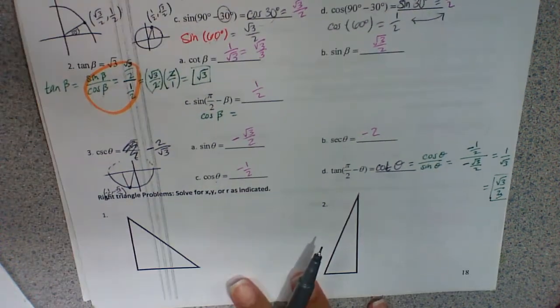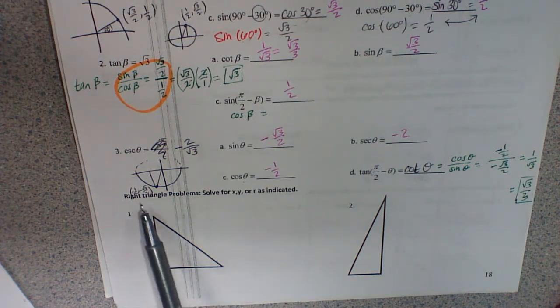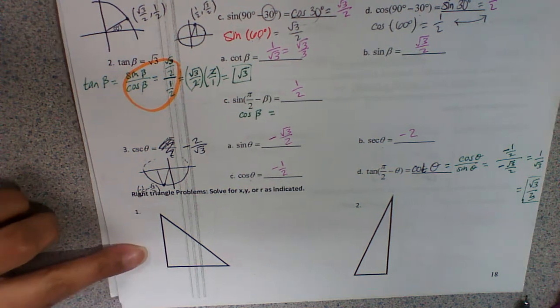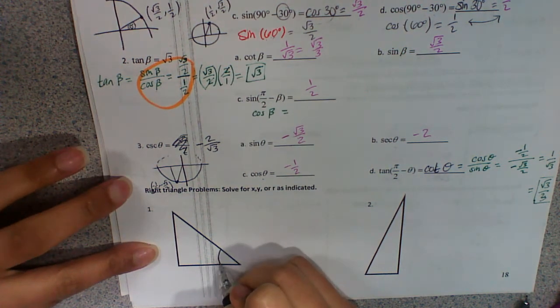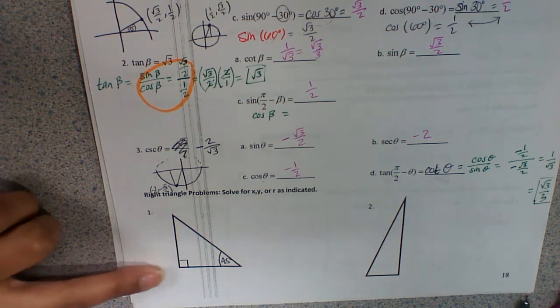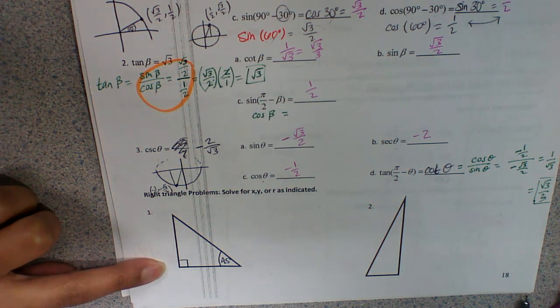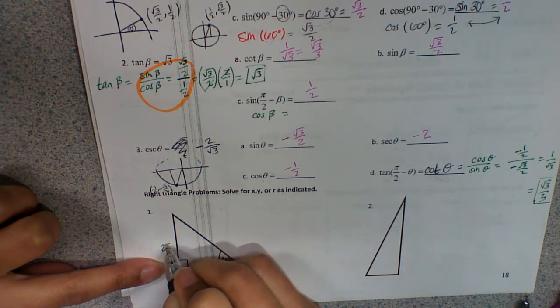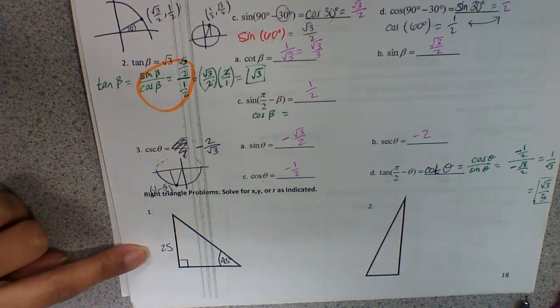Okay. At the bottom, you have these right triangle problems, and I know they're blank triangles, but go ahead and fill them in. So for the first one, we will go ahead and put this down as a 45-degree angle. This is your right angle, of course. And I'm going to use the left side, the opposite side of 45. I'm going to give it the value 25.